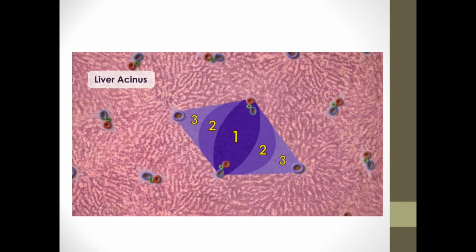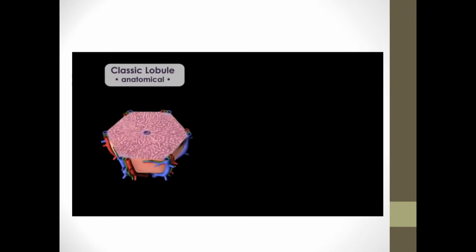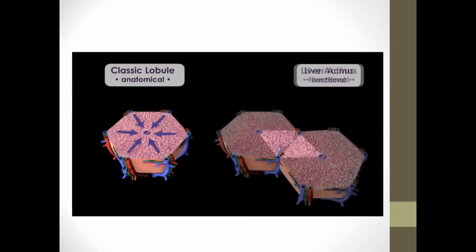The third zone hepatocytes receive poor blood, and they are more involved in detoxification. Sometimes the classic lobule is named the anatomical unit, and the liver acinus the functional unit.